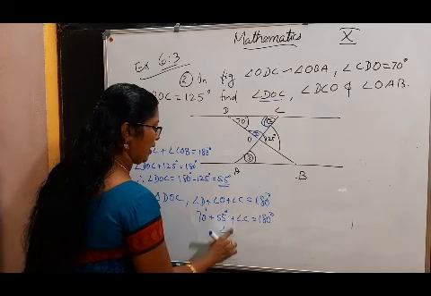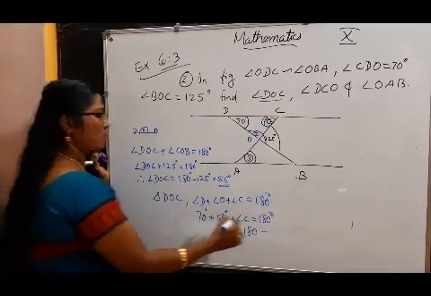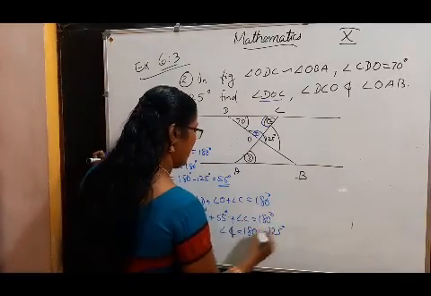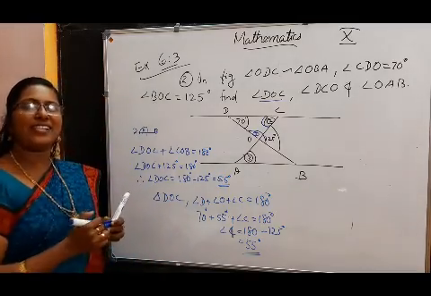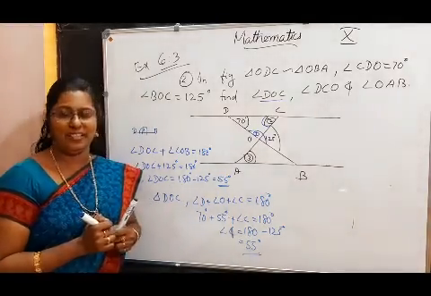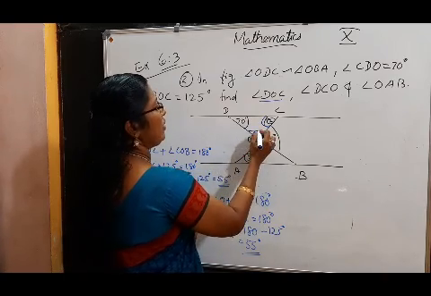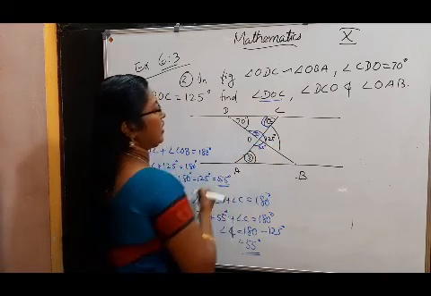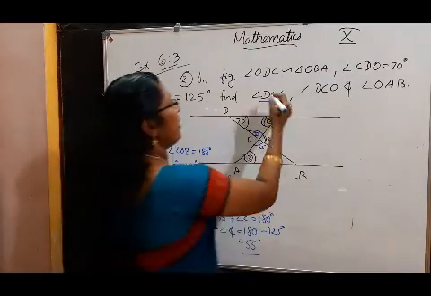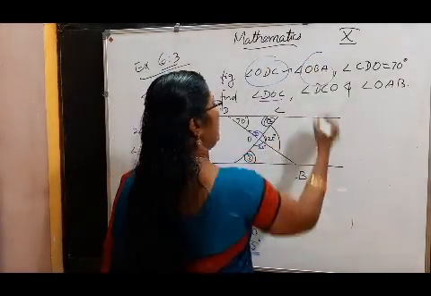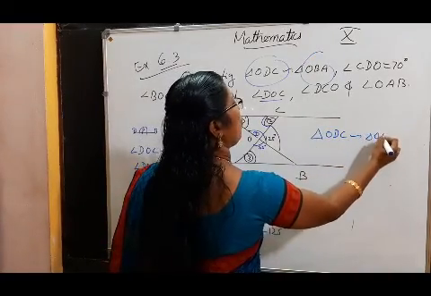Angle C equals 180 minus 125 degrees equals 55 degrees. Angle C is 55 degrees. What about this angle? This is 55, this is also 55 degrees, vertically opposite angle. Angle C equals 55 degrees. Then what is given? Triangle ODC is similar to triangle OBA.